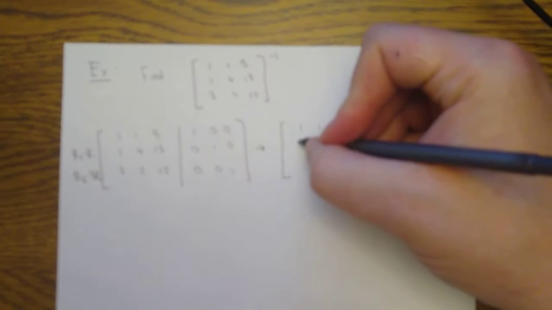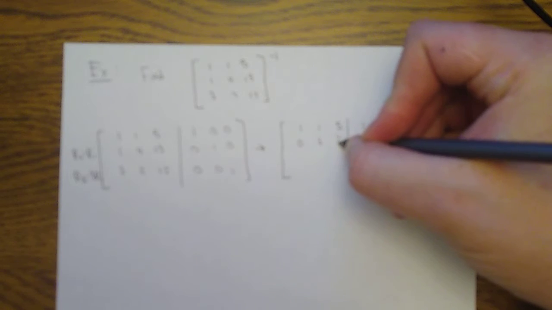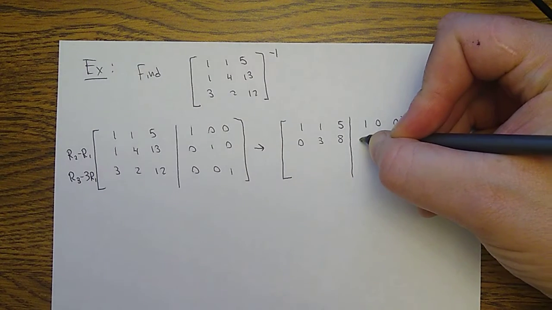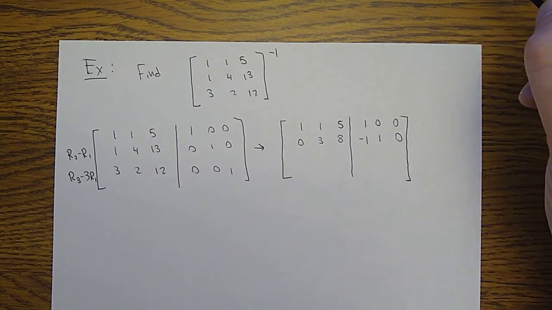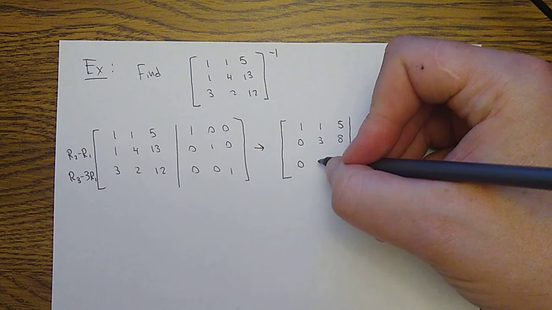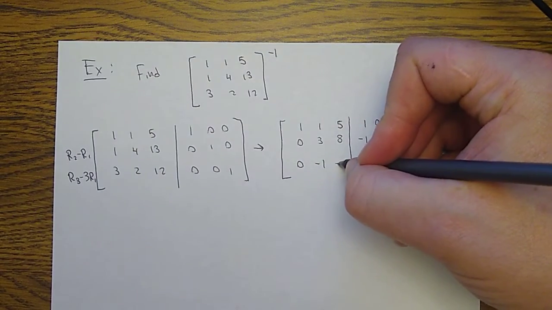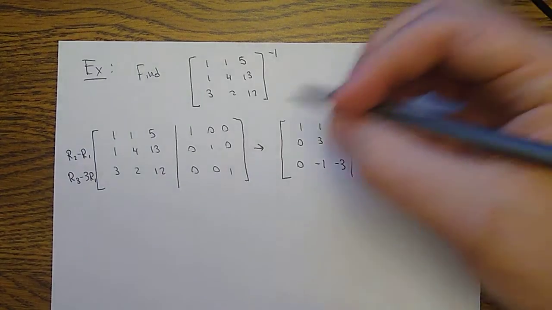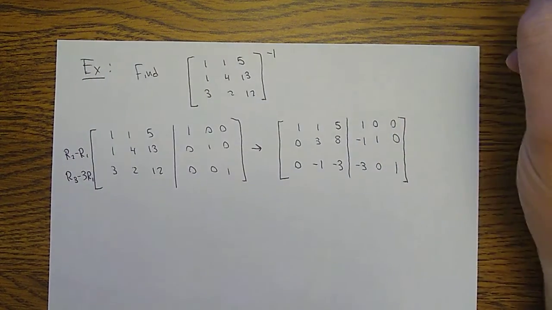This is now 0, 3, 8, negative 1, 1, 0. And this is now 0, negative 1, negative 3, negative 3, 0, 1.